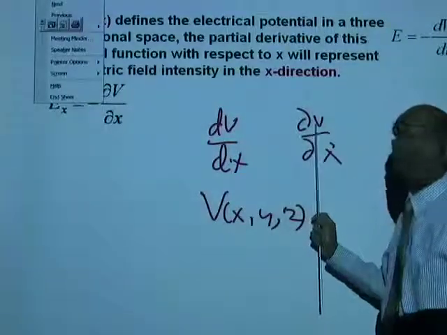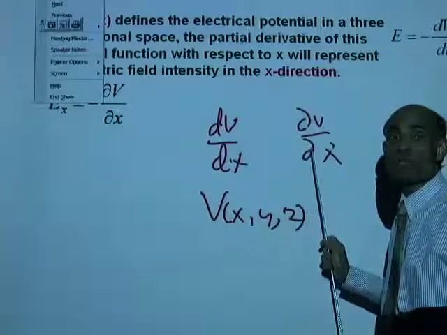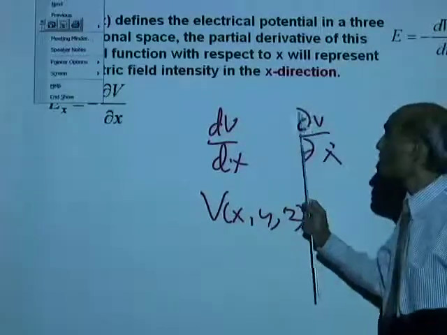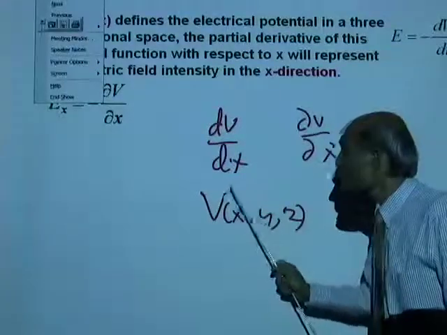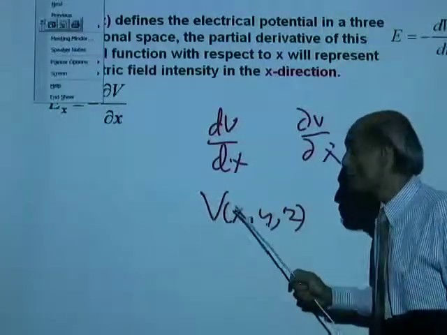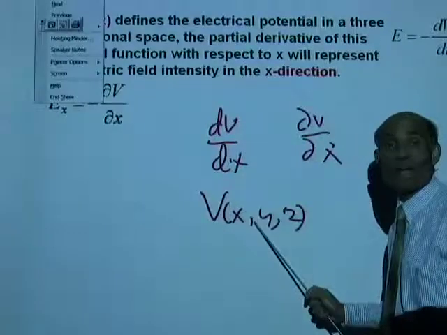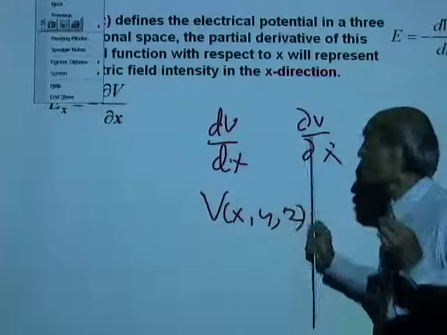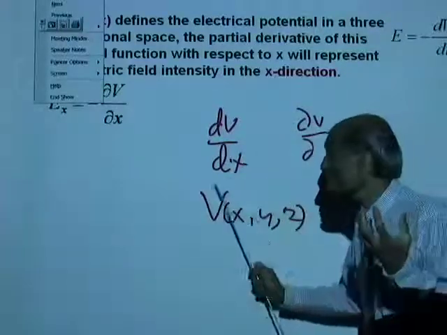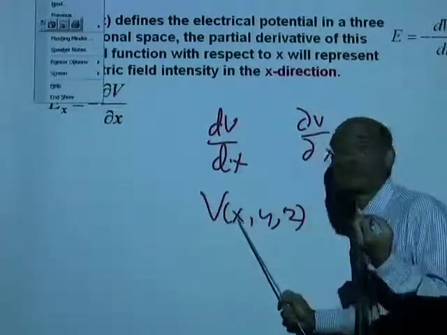You read this quantity as del V by del x. And what does this quantity represent? This represents the rate of change of potential with respect to x when y and z are considered to be constant. It is called the partial derivative of V with respect to x.